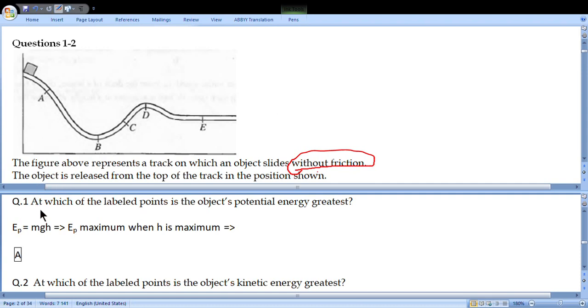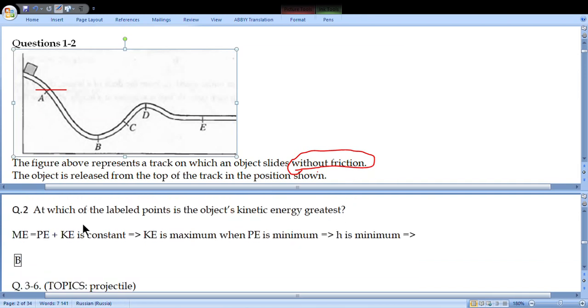Question 1: at which of the labeled points is the object's potential energy greatest? We have A, B, C, D, E. Potential energy equals mgh. It means that potential energy is maximum when height is maximum. So maximum height we have at point A. So we choose A.